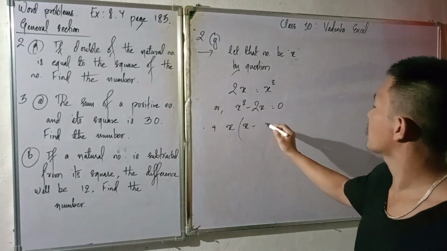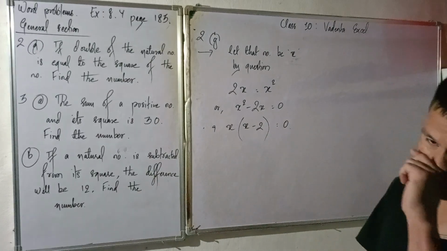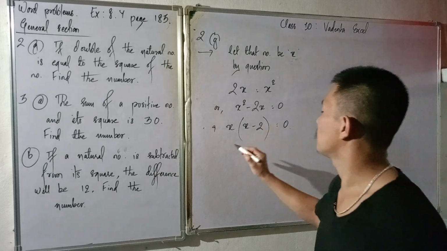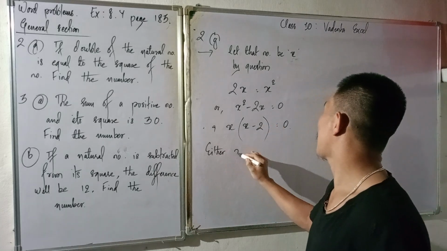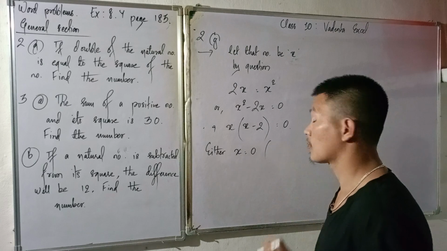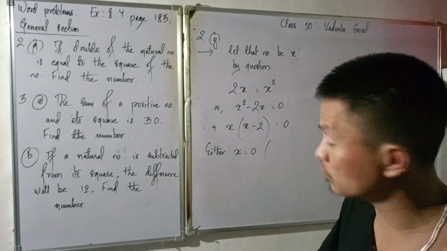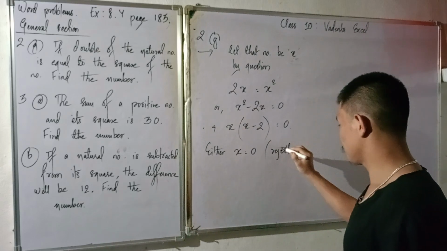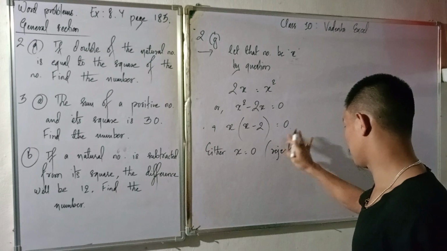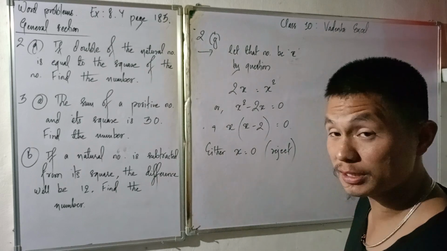Take x common: x(x minus 2) equals 0. Either x equals 0, so there is no 0 in the natural numbers, so we reject 0, because it is said in the question that the number is natural.